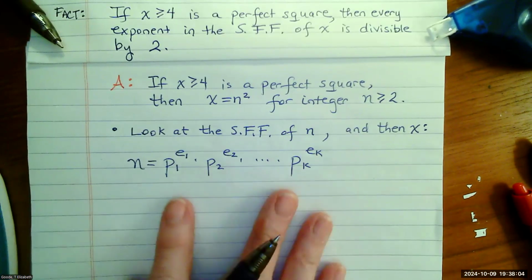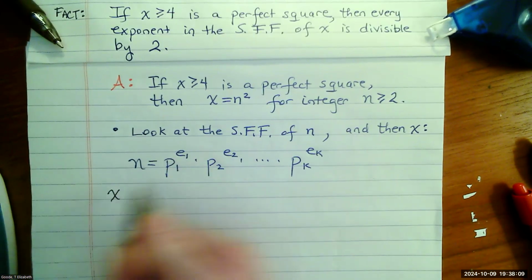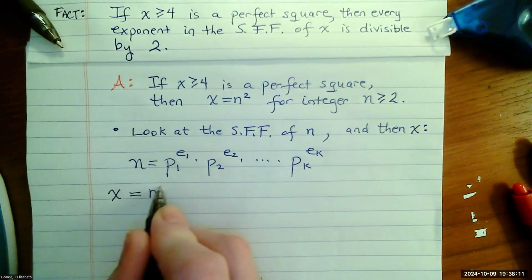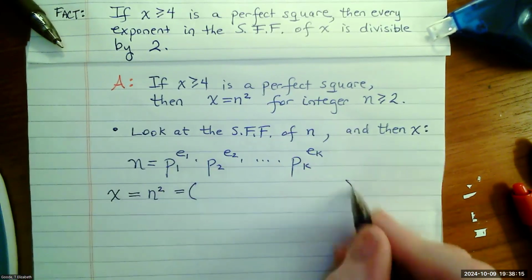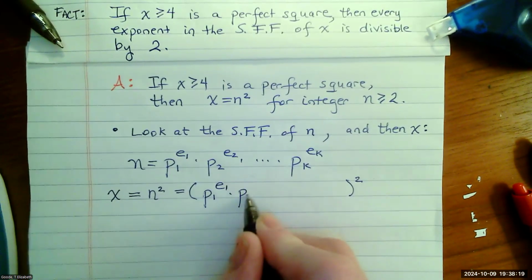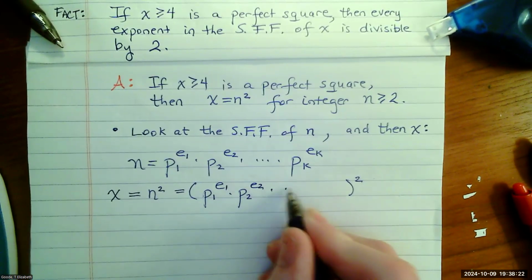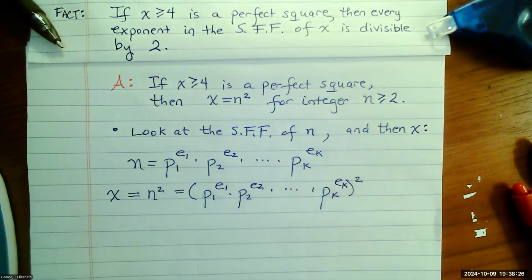None of that actually matters that much until the end. All right, now let's look at x. X is n squared, right? So we take this whole expression for n and we square it. So p sub 1 to the e1 times p sub 2 to the e2 times dot dot dot times p sub k to the e sub k. That whole thing is getting squared.